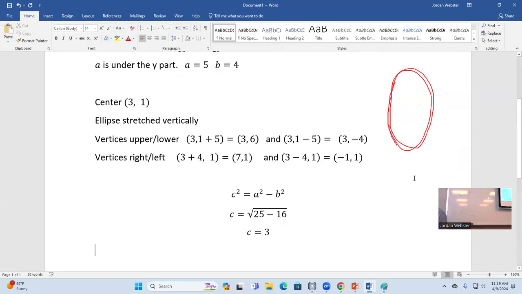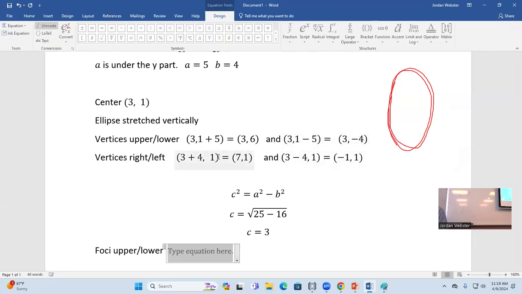Now, the foci are going to be along the major axis. So we need to vertically shift by 3. So we're going to have an upper and a lower focus, or 2 foci.